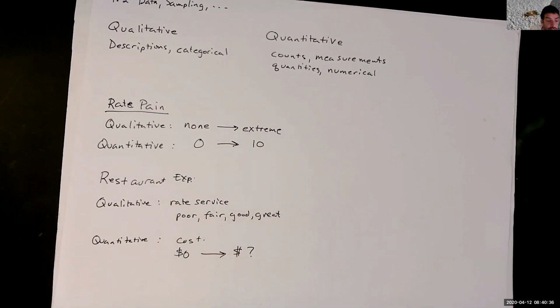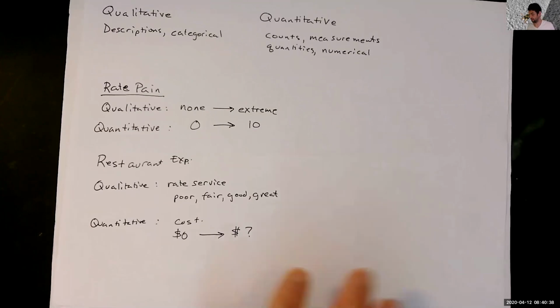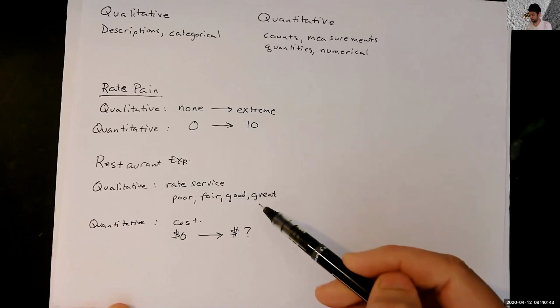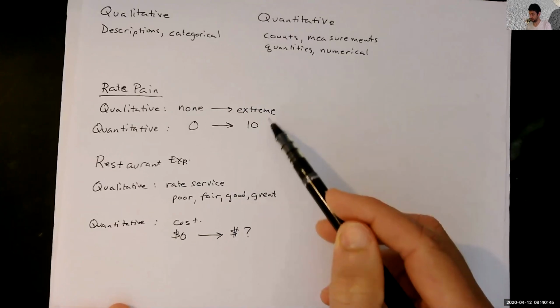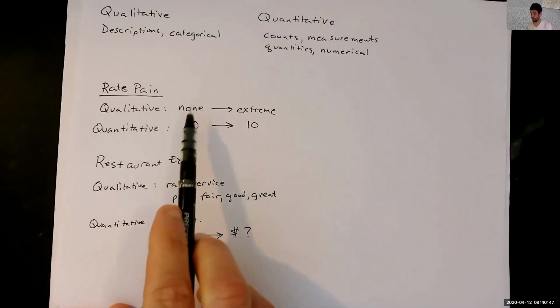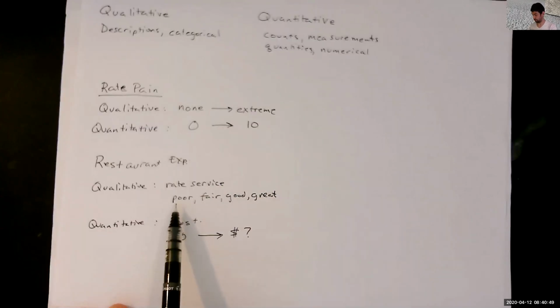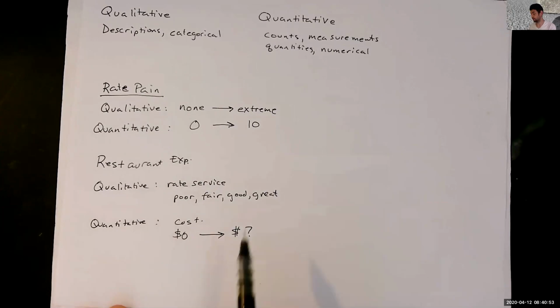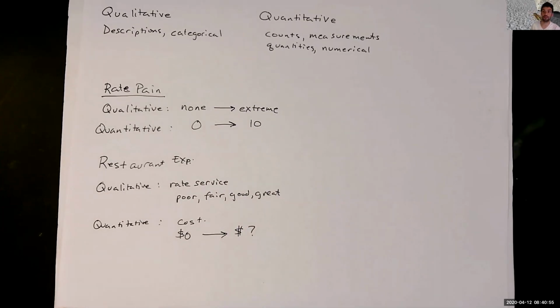And notice that both of these, my qualitative data are still in an order, right? From no pain up to extreme, or the service is going from poor and getting increasingly better up till great service, right? Some qualitative data doesn't even have an order, right?